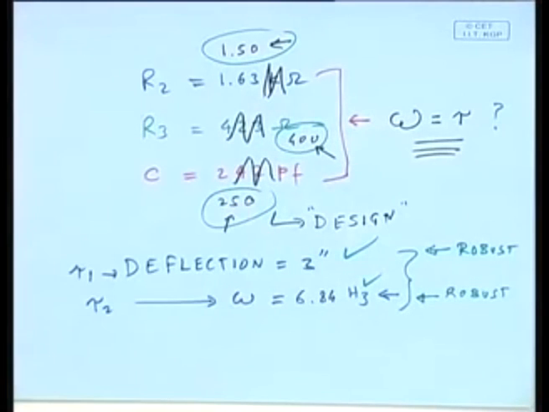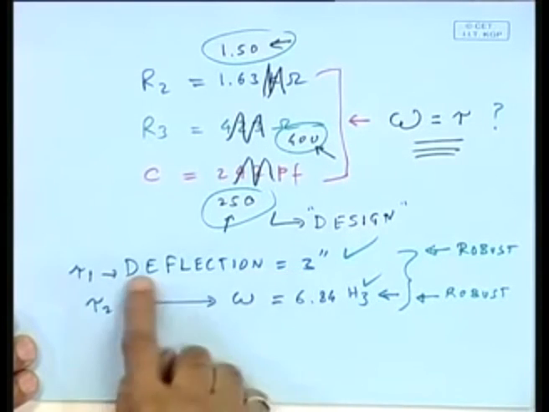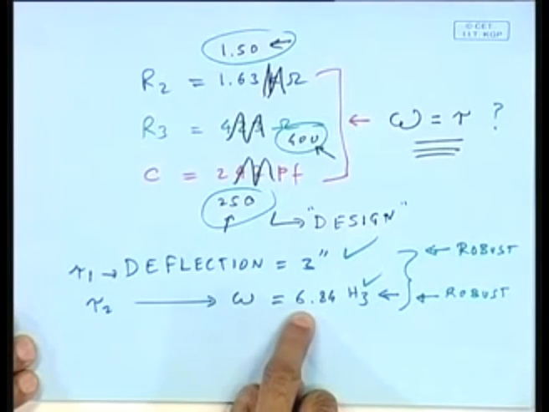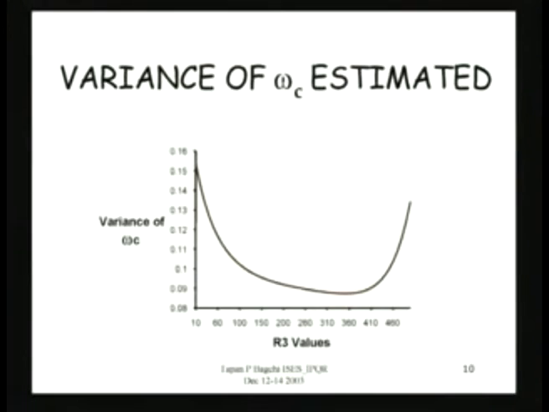These I can simulate in SPICE or otherwise, and I can do Monte Carlo to do that. What will that do? That will give me a variance for this performance, and also a variance for this performance. This is what has been plotted here.